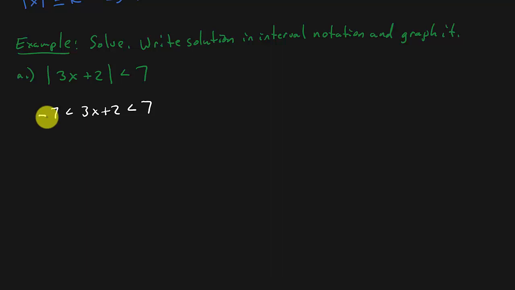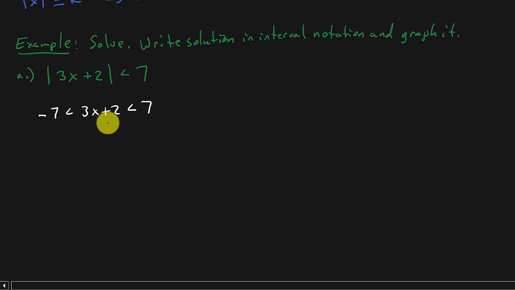Okay, now we solve just like earlier. So let's get the x in the middle. I subtract 2 from both sides, and so I get negative 9 less than 3x less than 5. The 2's no longer there.